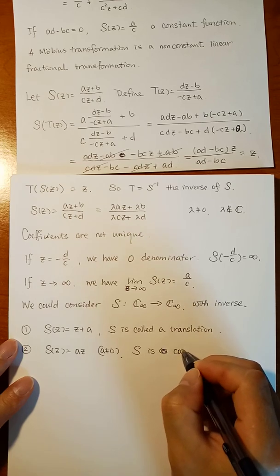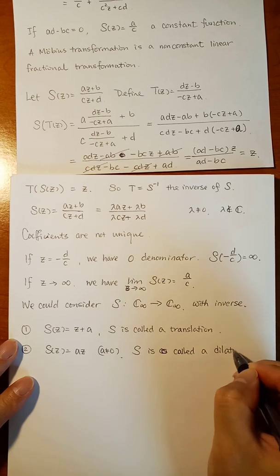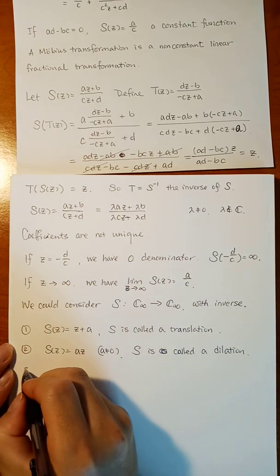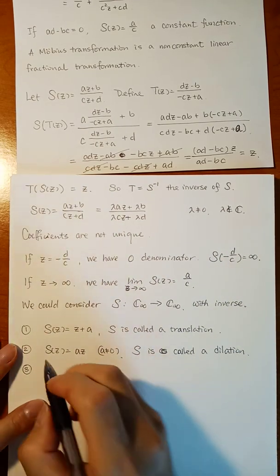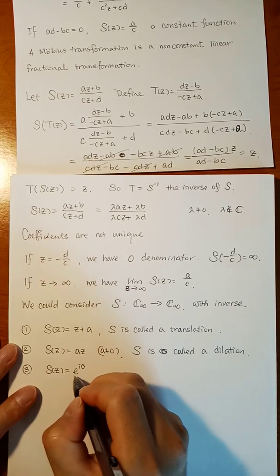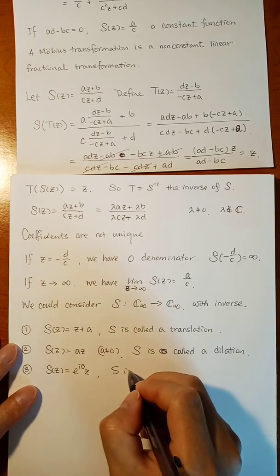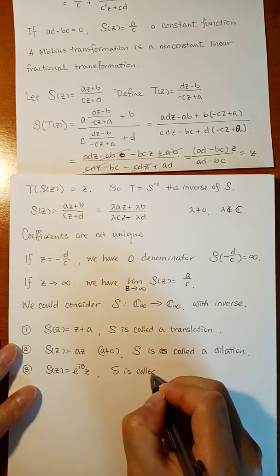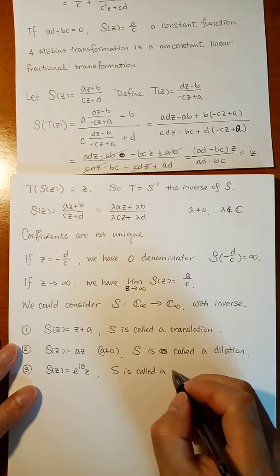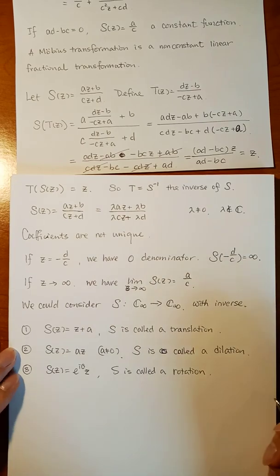Third, if S of Z is equal to e to the I theta times Z, S is called a rotation.